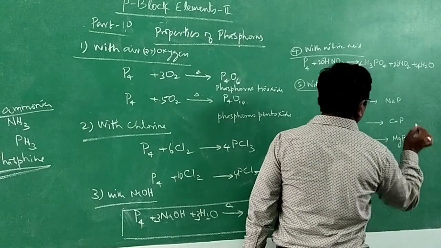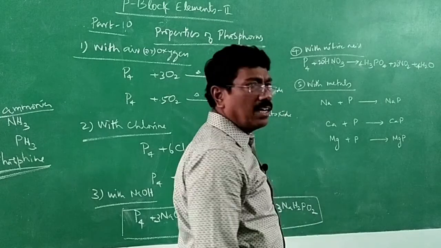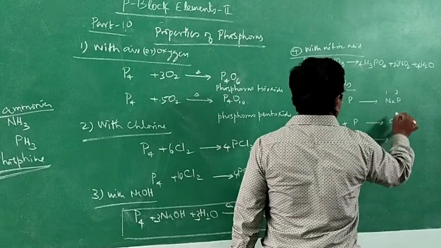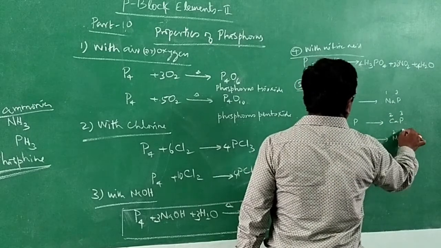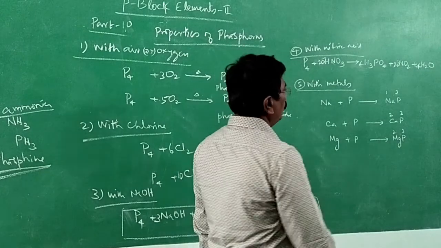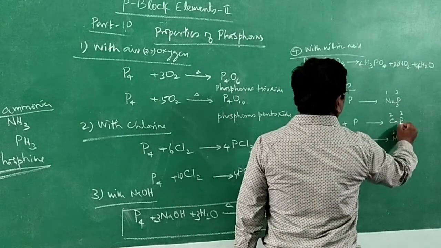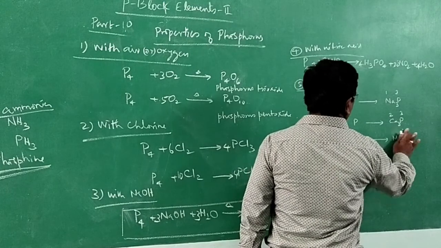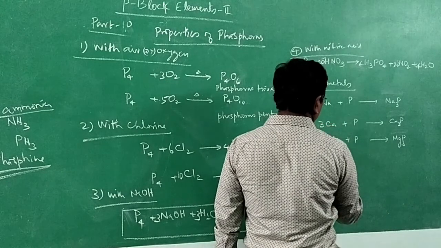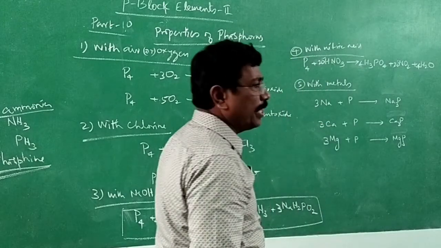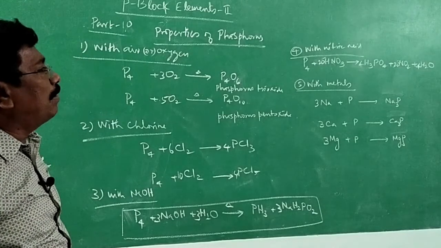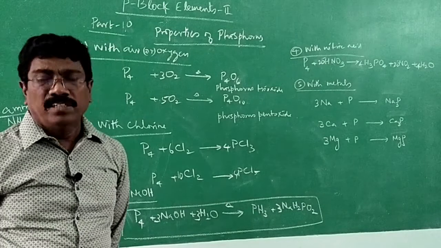Is it correct? No. It has to be written as per the valency. Sodium 1, phosphorus 3, calcium 2, phosphorus 3, magnesium 2, phosphorus 3. Alkali metals valence is 1, alkaline earth metals valence is 2. So, Na3P, Ca3P2, Mg3P2, that's all. With sodium, calcium and magnesium, phosphorus forms the corresponding metallic phosphides.